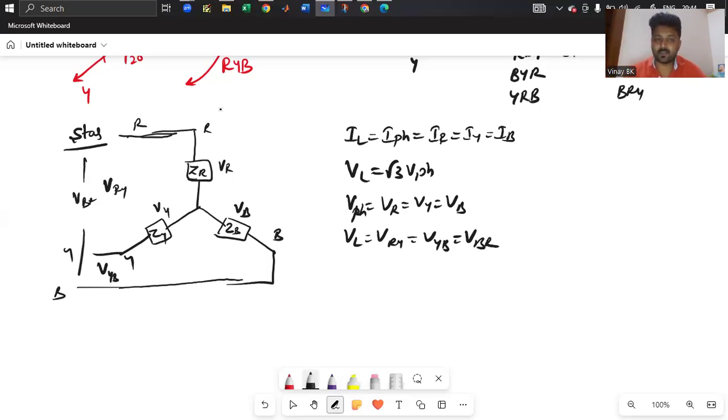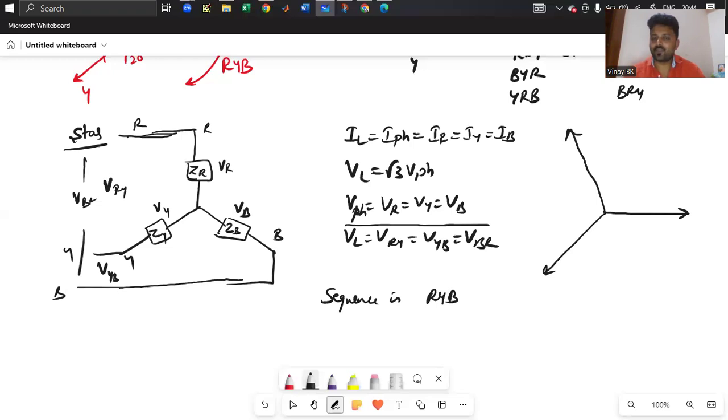How will you draw the phasor diagram? If you are considering the line voltages, all the three line voltages are having the same magnitude, but the phase difference is 120 degree apart. So in this case, if the sequence is RYB, you can see the three different line voltages VRY, VYB, VBR.